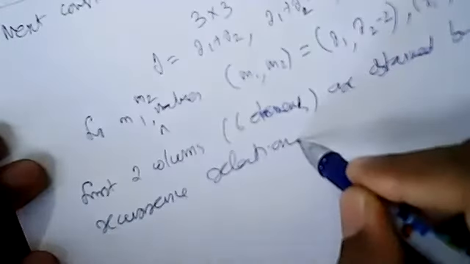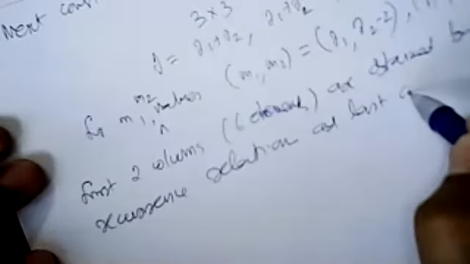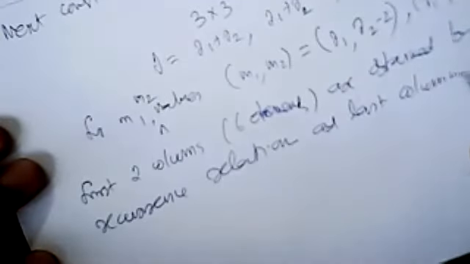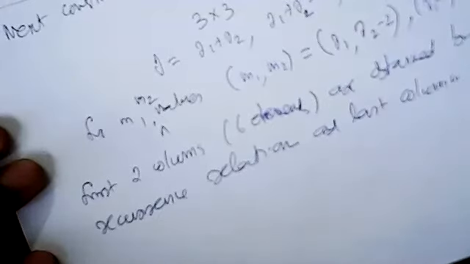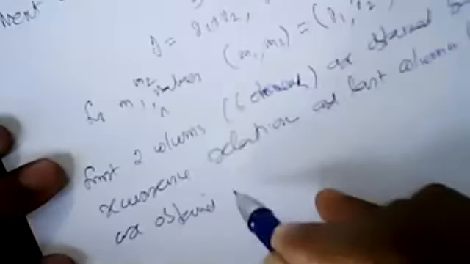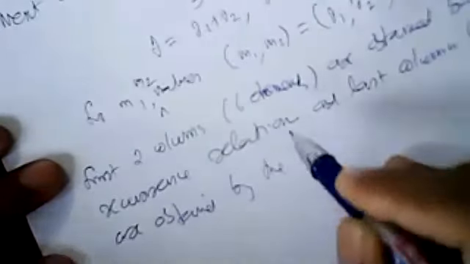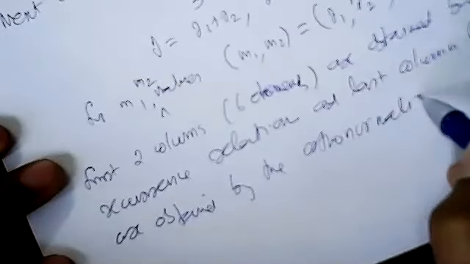Okay, and the last column, the 3 elements, are obtained by the orthonormalization of the rows.